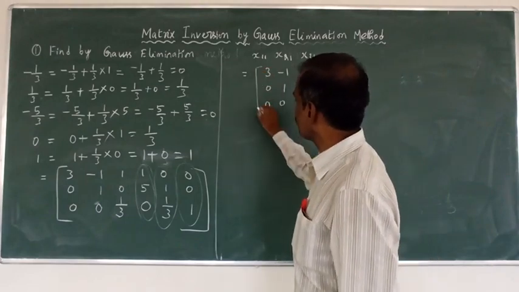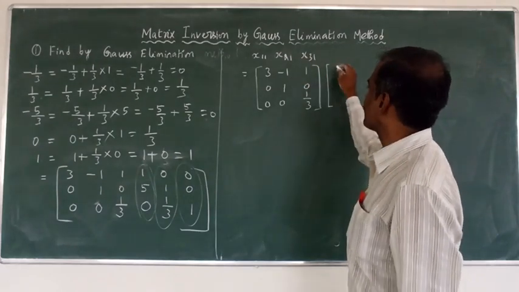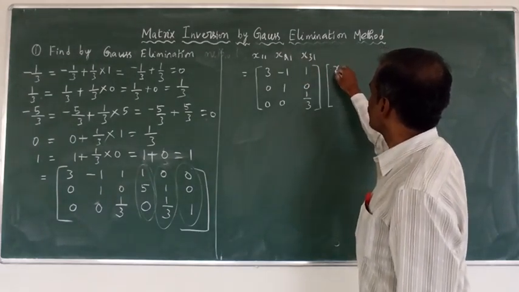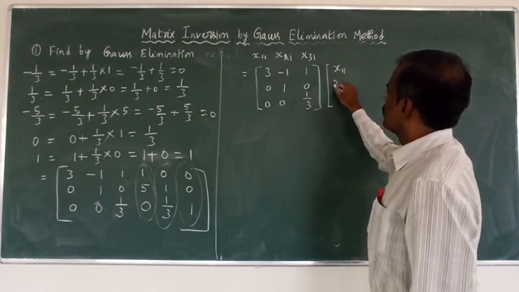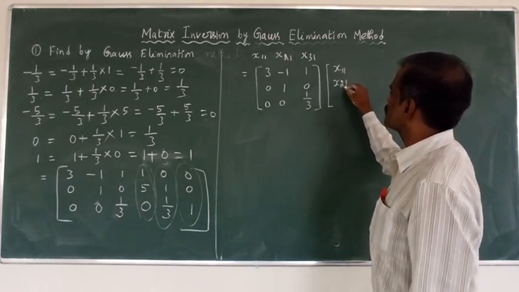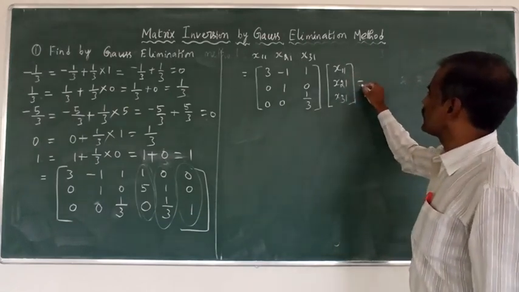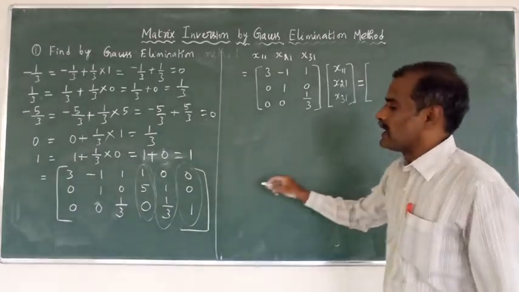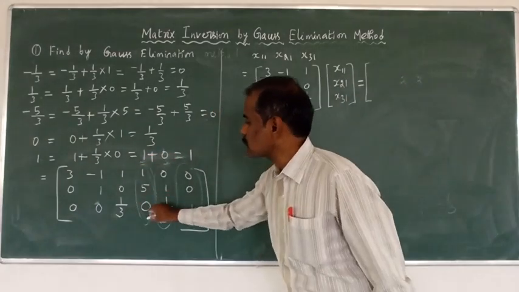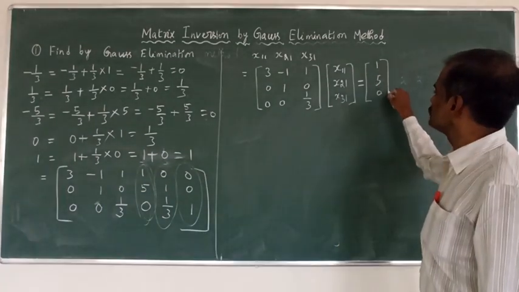This is for A, and the corresponding x first column is x11, x21, x31. The same thing, the corresponding first column in I is 1, 5, 0.